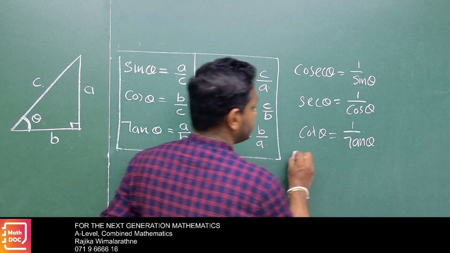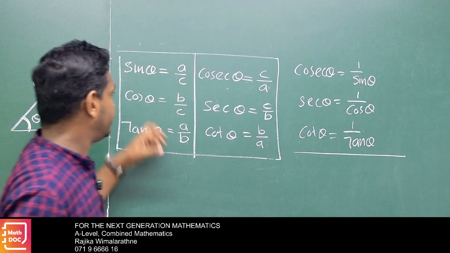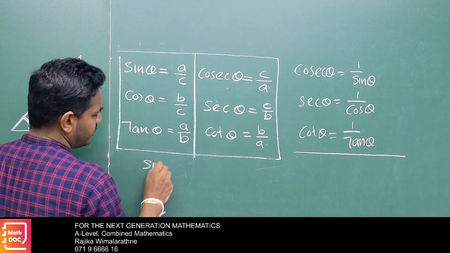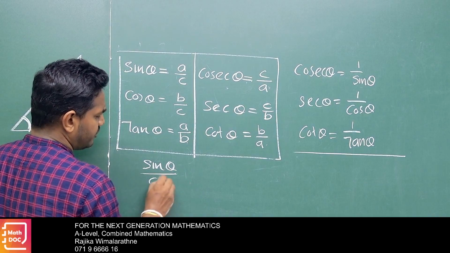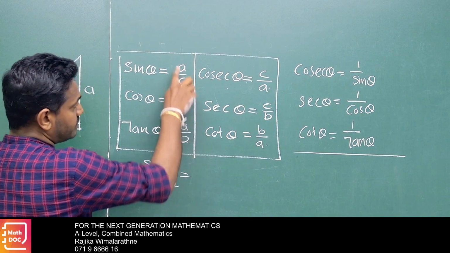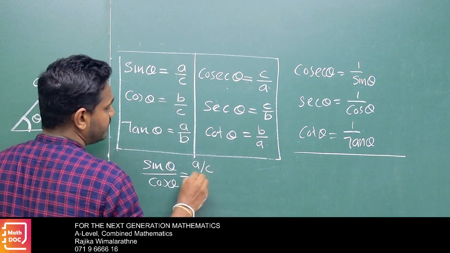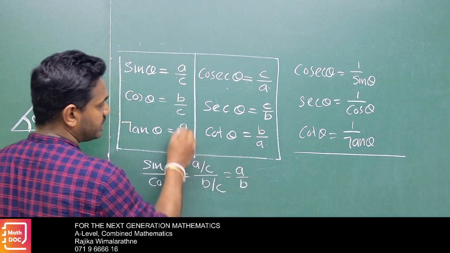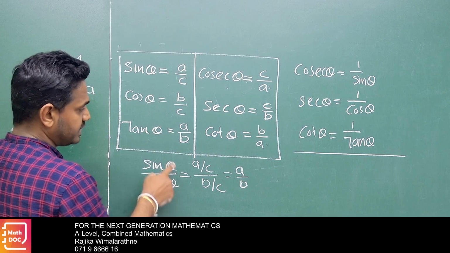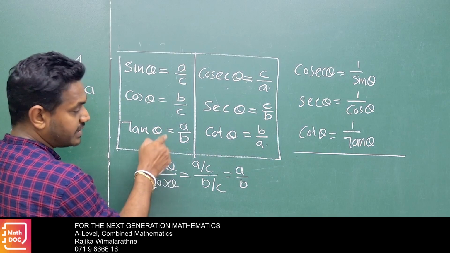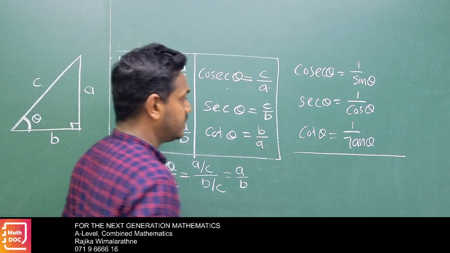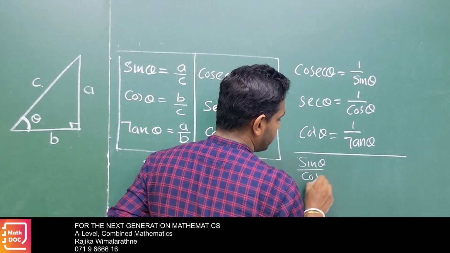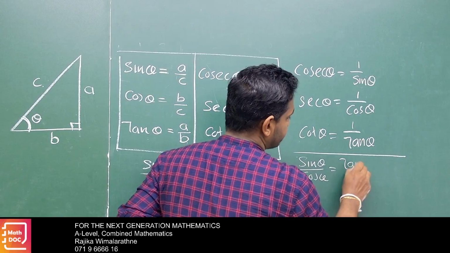And further you see, here we have sin and cos. So when you divide sin theta over cos theta, on the right side a divided by c over b divided by c, no? Then we get a divided by b. This is a known thing, no? That is tan. So sin theta divided by cos theta equals tan theta.